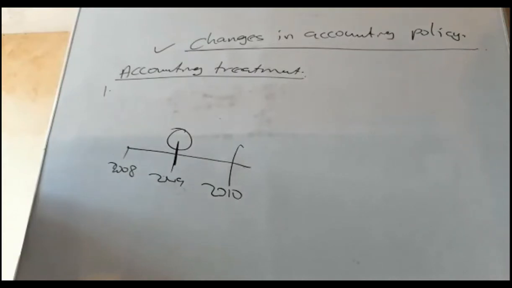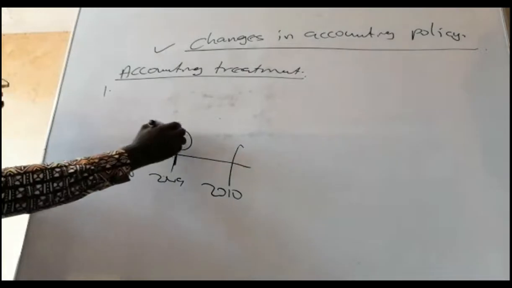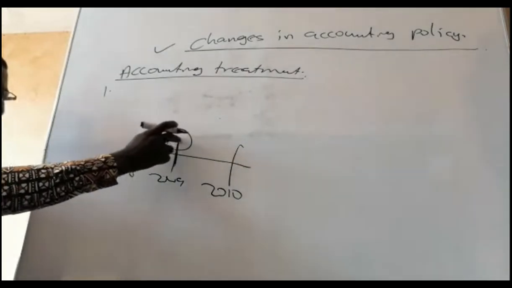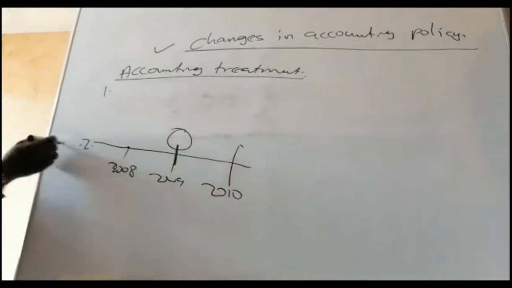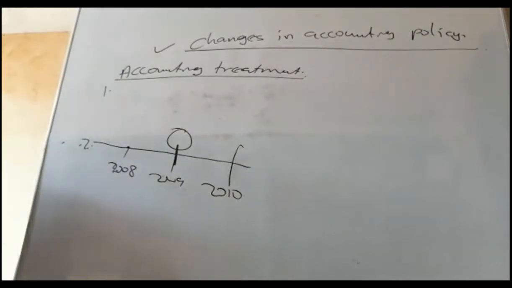We have to assume that this new policy that we are applying was in fact in place in 2008 or 2007. So apply the change retrospectively. That is the basis for the accounting treatment.